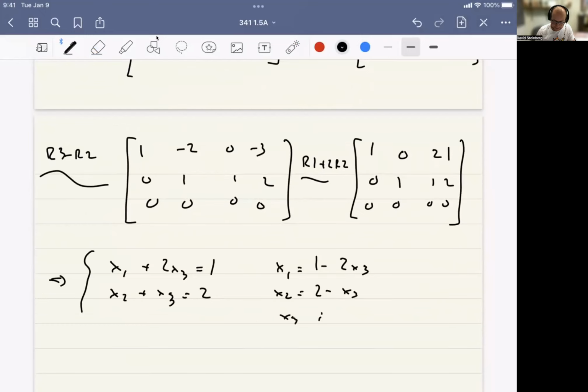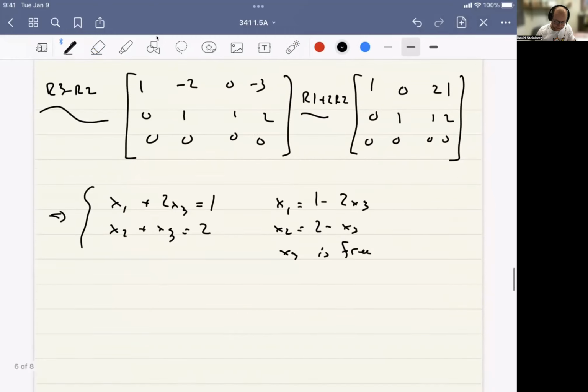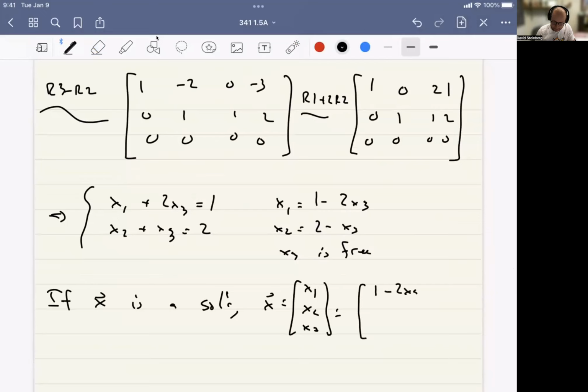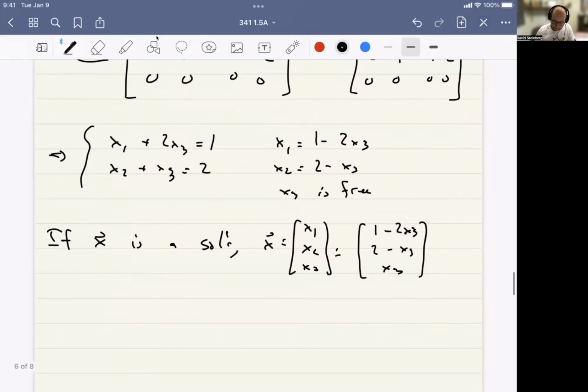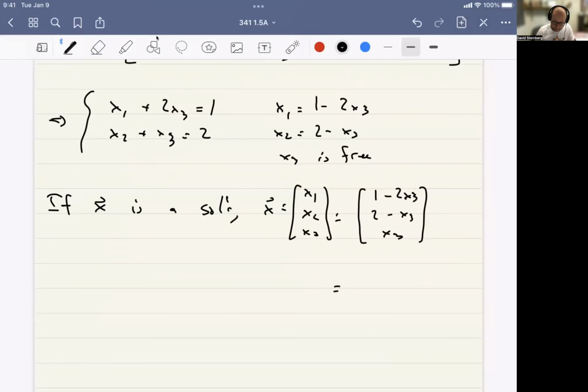And if x is a solution, so x1, x2, x3, it has to look like 1 minus 2x3, 2 minus x3, and x3. And we can rewrite this as 1, 2, 0 plus x3 times -2, -1, 1.